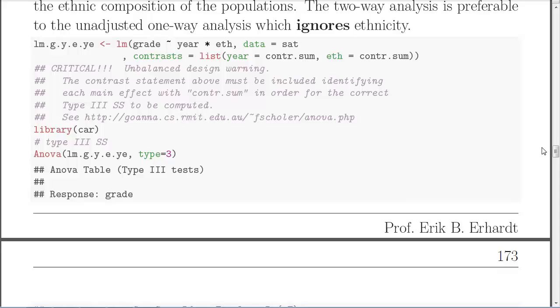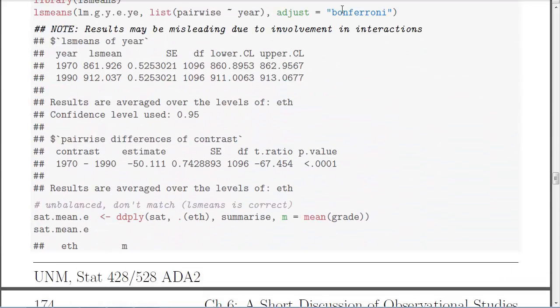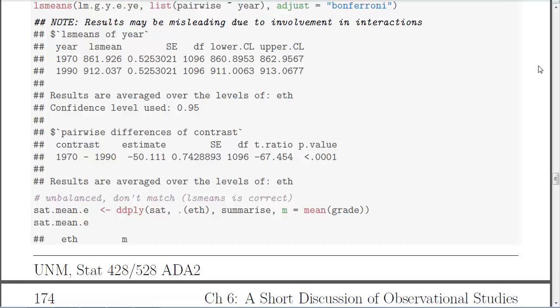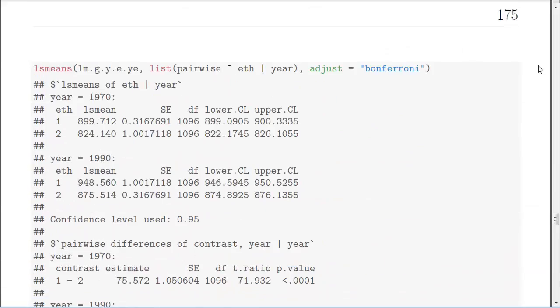In that case, the model only has main effects, and when we look at the LS means for a marginal effect, for example just year, not conditional on ethnicity, it won't give this warning. This warning is important: it's dangerous to look at marginal effects such as only year if there's an interaction, if the effect of year depends on which ethnicity you're in. Okay, so I'll scroll back down.